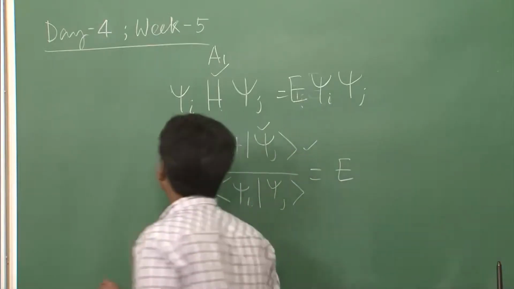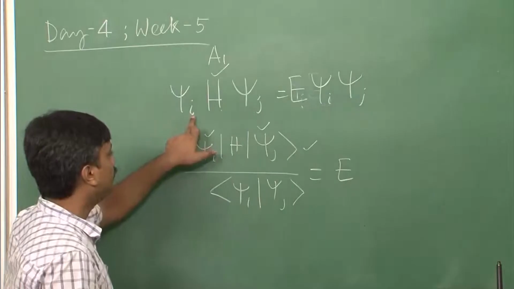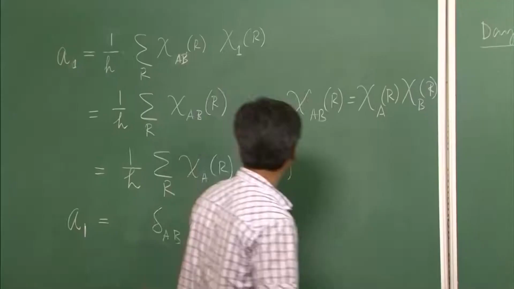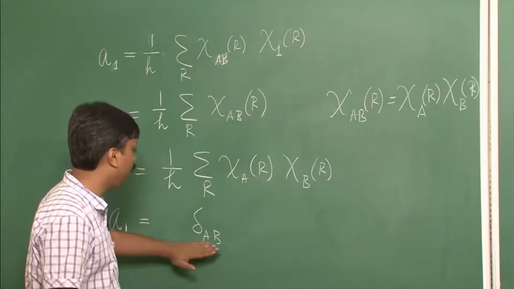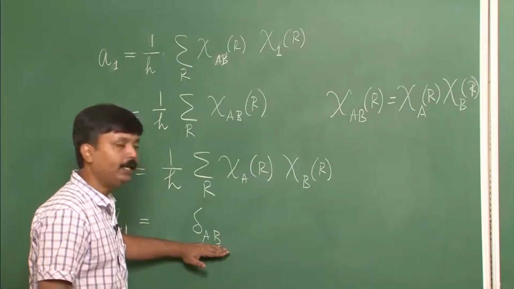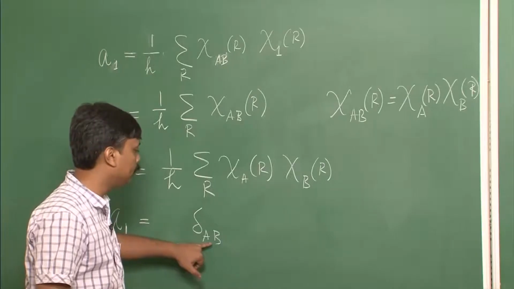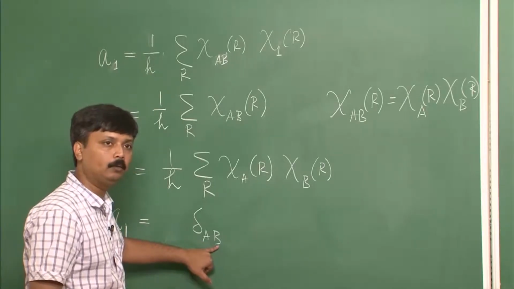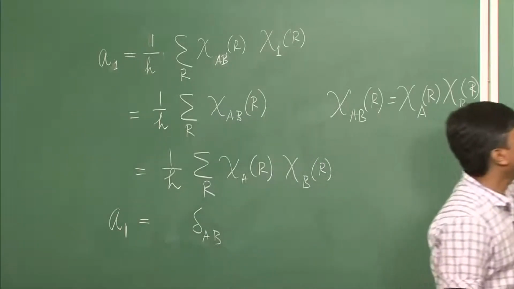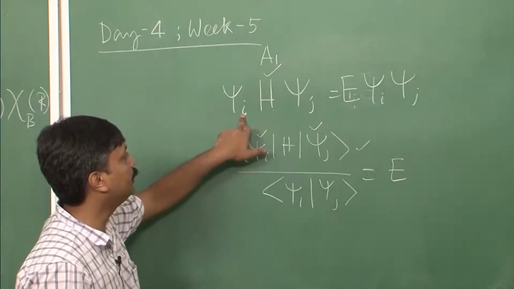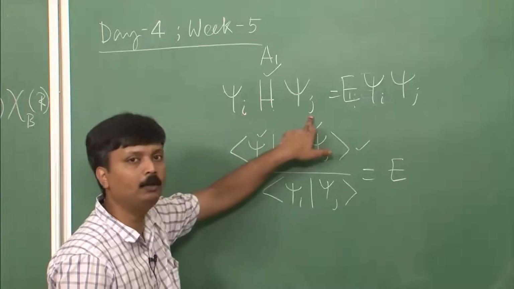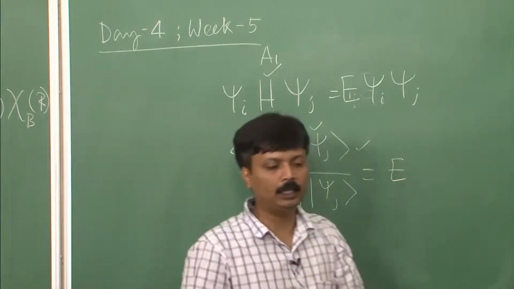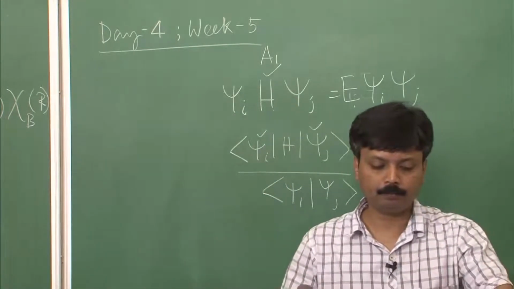Okay, so just now we have seen that the totally symmetric IR will be contained within the direct product representation only if the two IRs that we are combining are equal. Fine. So that means the IR to which psi i belongs must be the same IR to which psi j belongs. Okay. So that's what is stated here.